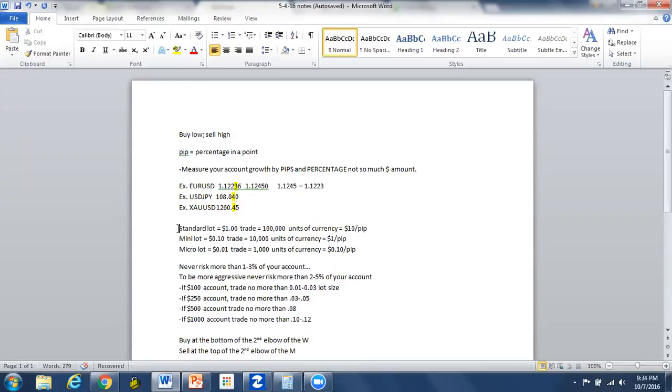So when you place a trade, your trade size is what we call lot size. It's based on your lot size, so your lot size is going to partly determine how much risk you're taking.